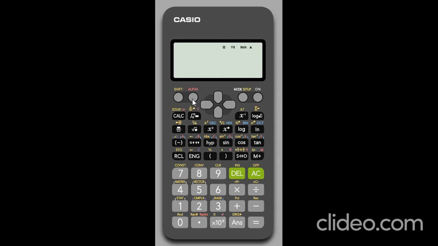So let us type the function x equal to, not this equal, but this pink color equal to we need to use. So alpha equals to, and then a plus b divided by 2. So bracket a plus b, close the bracket, and then divided by 2.